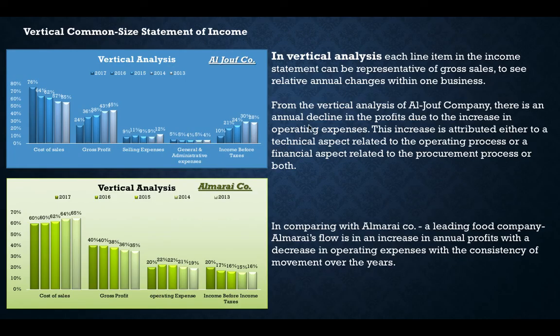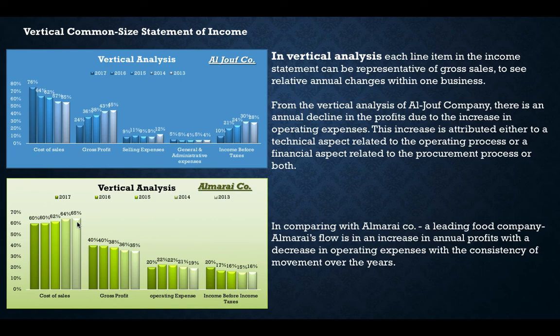If I compare it with the El Morai company, a well-known food company, I can find the differences. Here, as we mentioned, cost of sales is not stable in our company, while theirs even decreased. What we mentioned, the learning curve: we learn each year how to minimize our cost.